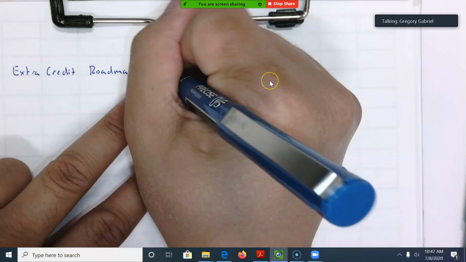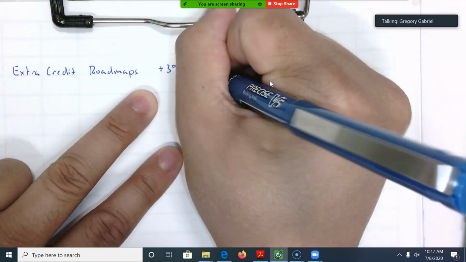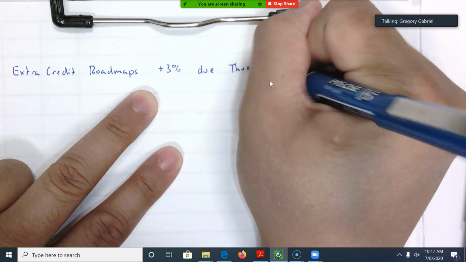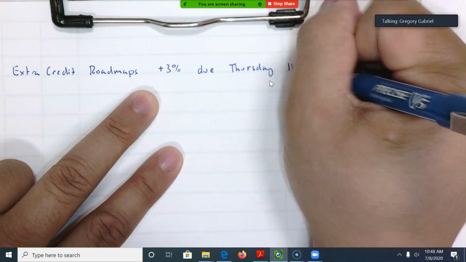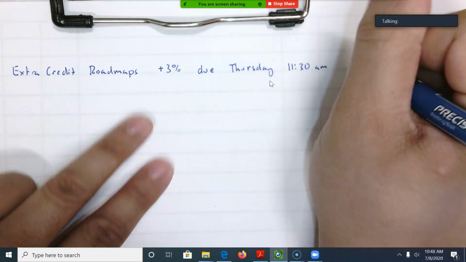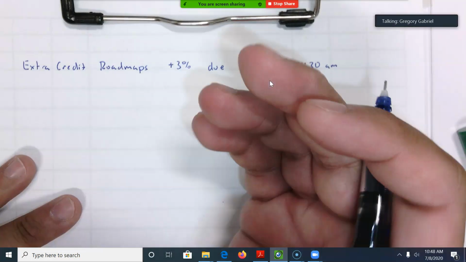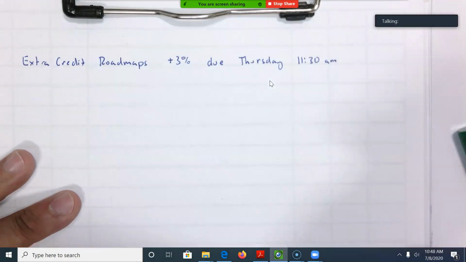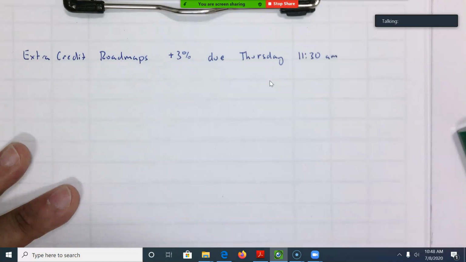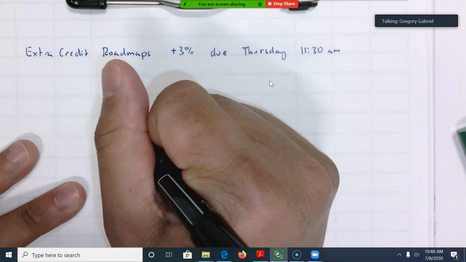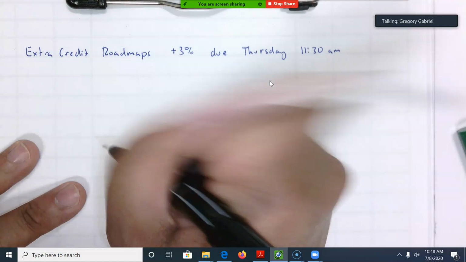This was for +3 percentage points. Again, it's due Thursday, tomorrow, 11:30 a.m. It's going to be mostly based on what you've seen already, the alcohol, ether, and epoxide chapter. So you do have to copy this. Hopefully you can see my screen well. It's the alcohol chapter, basically.